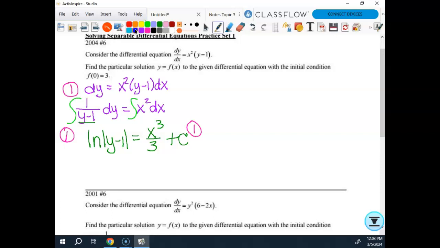Okay, so I'm going to have the natural log, the absolute value of 3 minus 1 equals 0 cubed over 3 plus c. So that means that the natural log of the absolute value of 2 equals c, which is really just the natural log of 2.